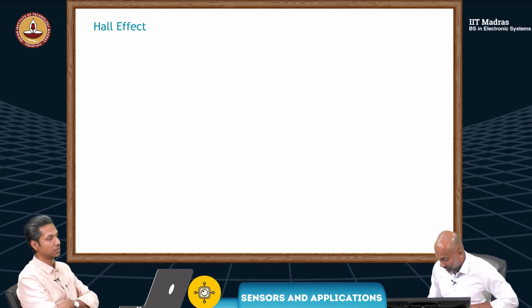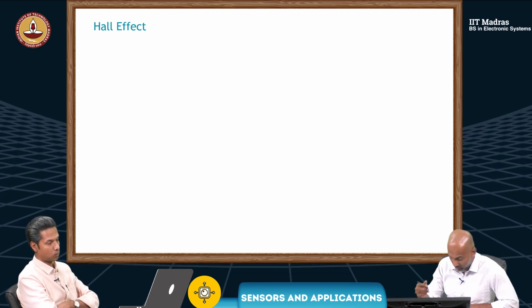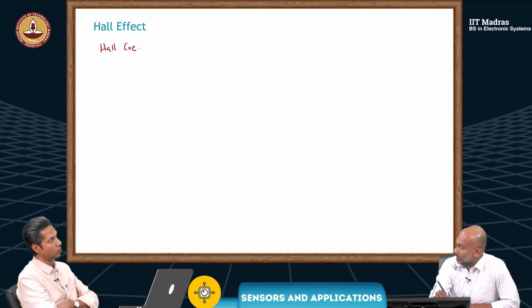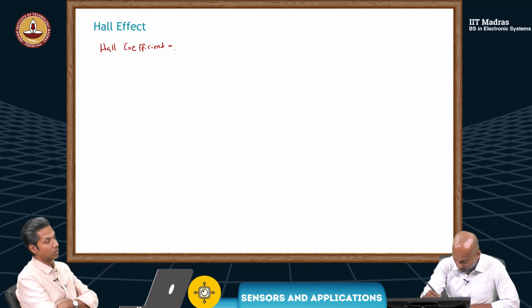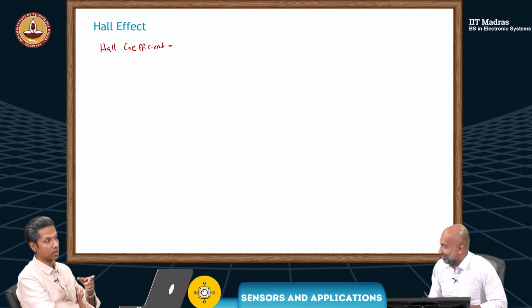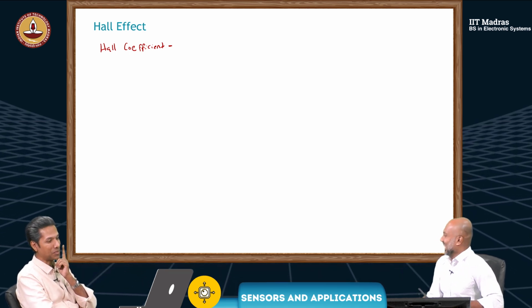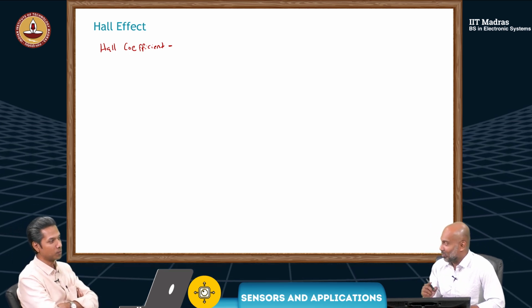Now, there's a very important parameter in the Hall effect called the Hall coefficient. What is the Hall coefficient? It is not just N and other terms that you had there, we are getting to that. That coefficient is important.